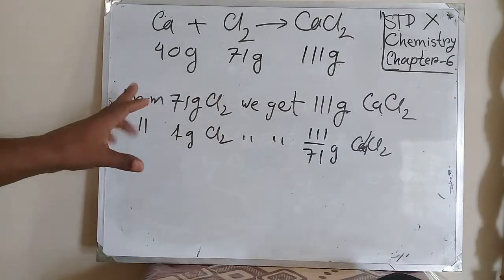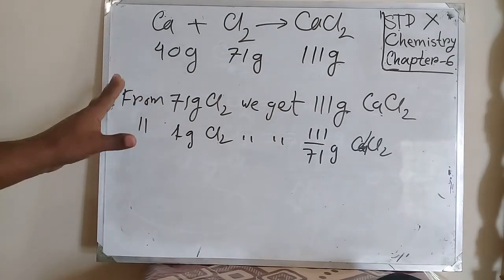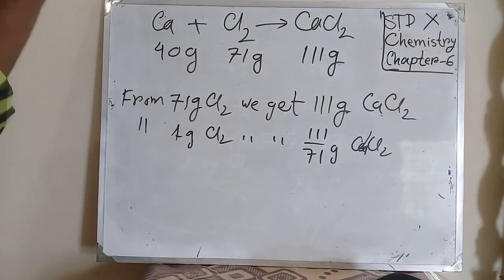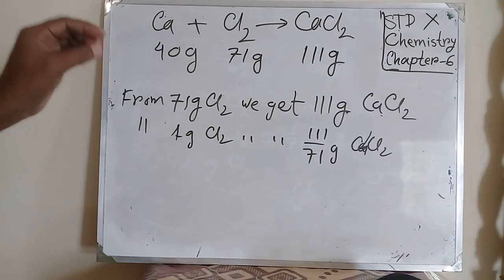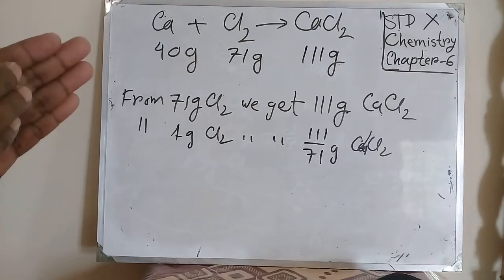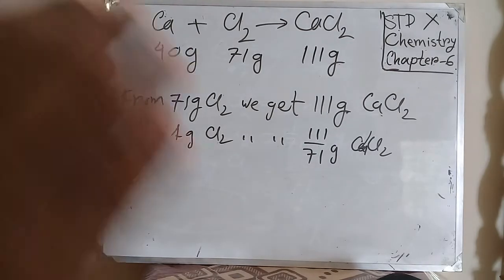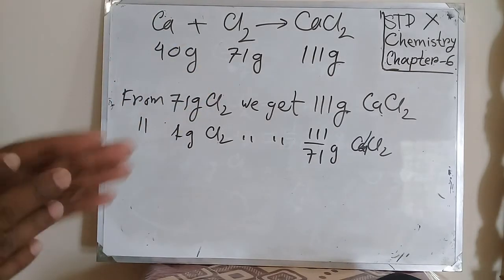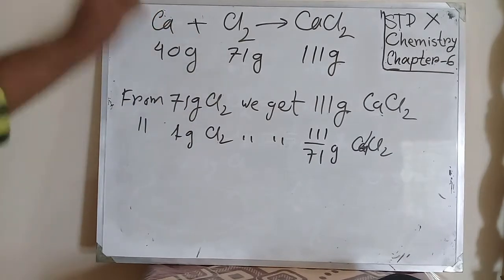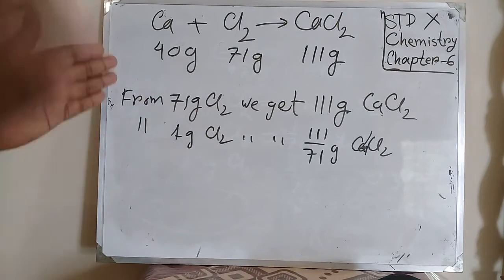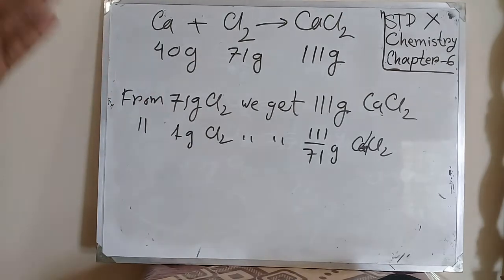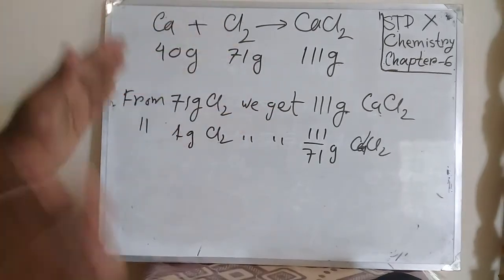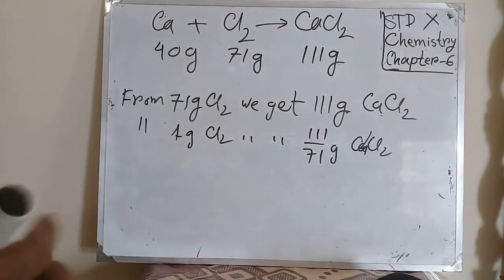In this step, we know 25 gram was not used in the reaction. If we take 25 gram and it is the total 25 gram chlorine that reacts, then how much product can we get? We'll find out first. We have taken 25 gram in the reaction, so if the total 25 gram reacts, then how much calcium chloride can we find? First we need to calculate.